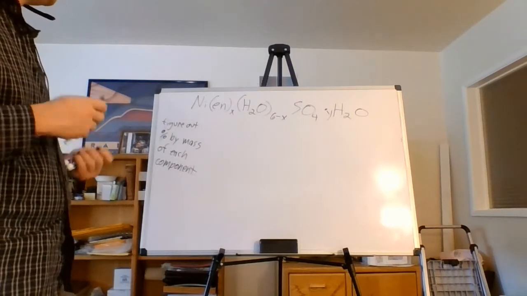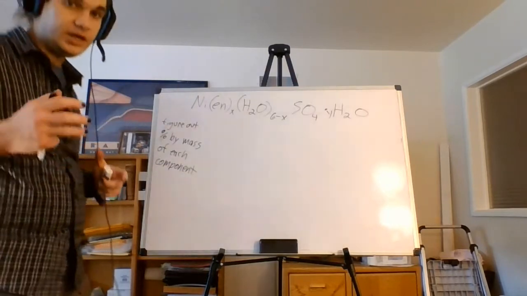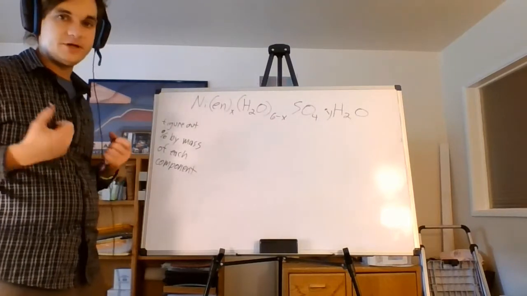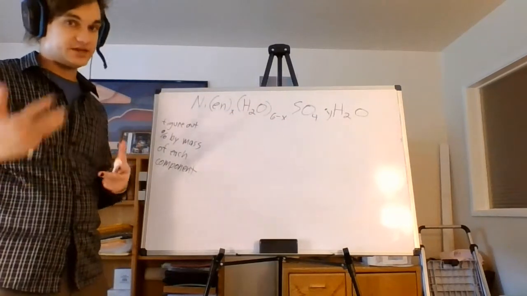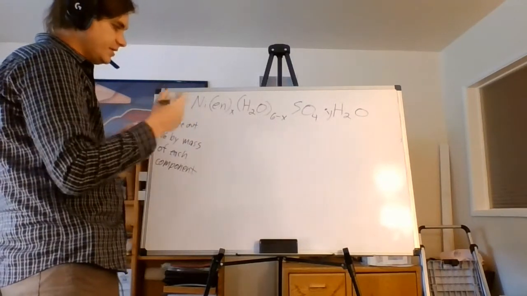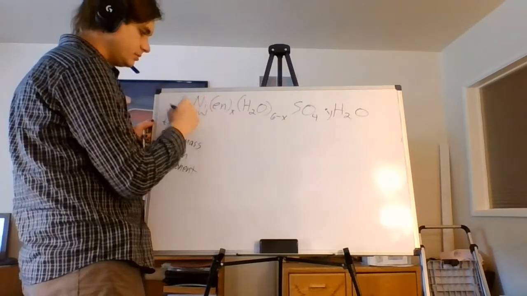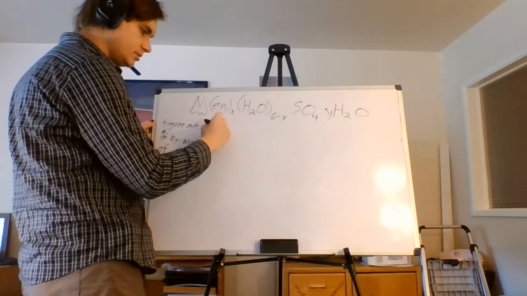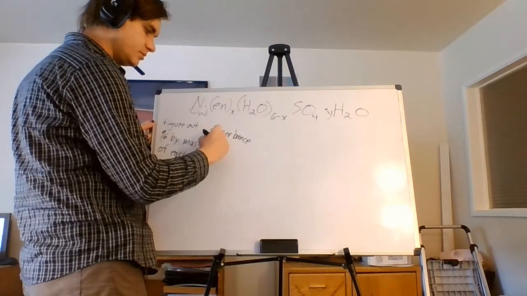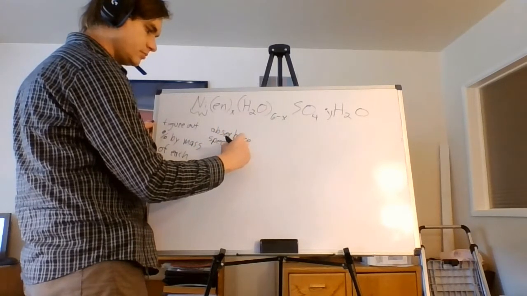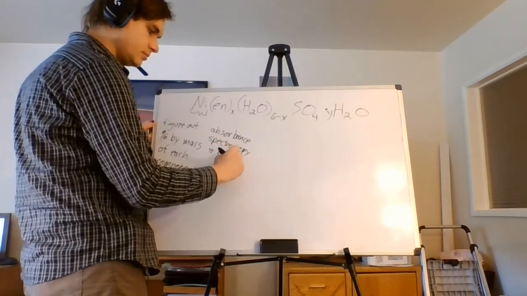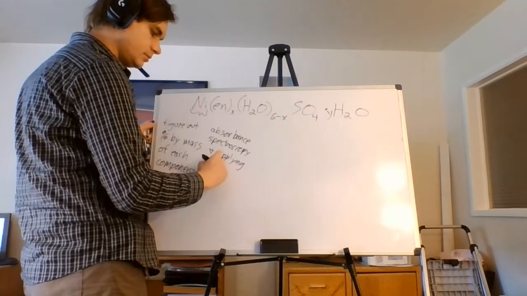But if we find out the percent by mass of nickel in a given mass of the entire salt, then we know how many moles of this complex we have in that salt. So this is actually really important to figure out. And this is something that we're going to do using absorbance spectroscopy and applying Beer's law.